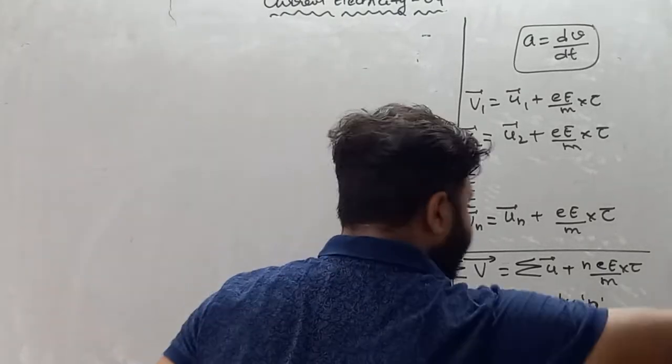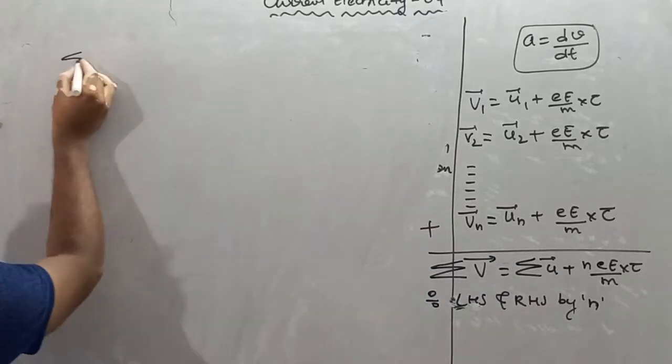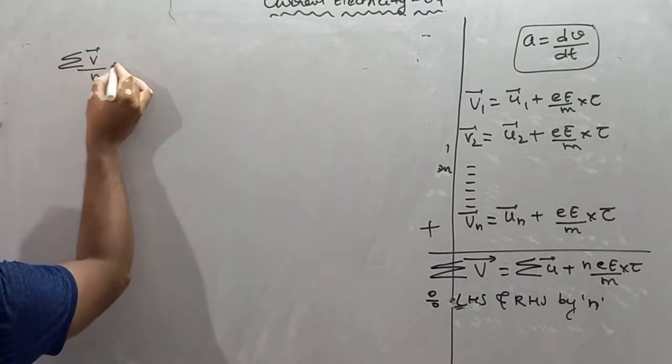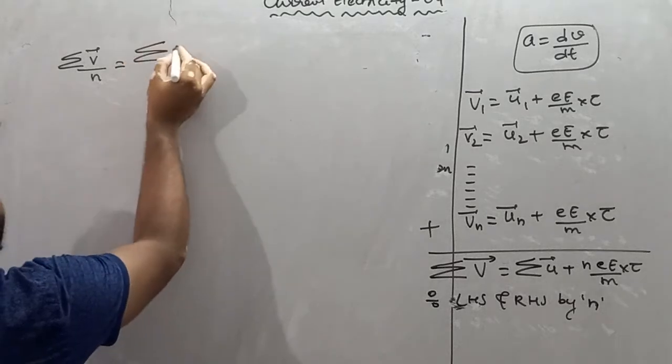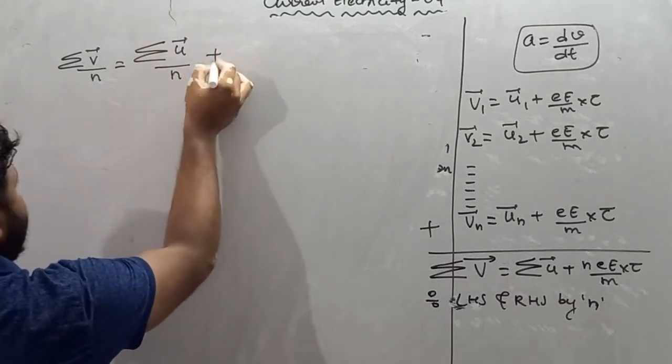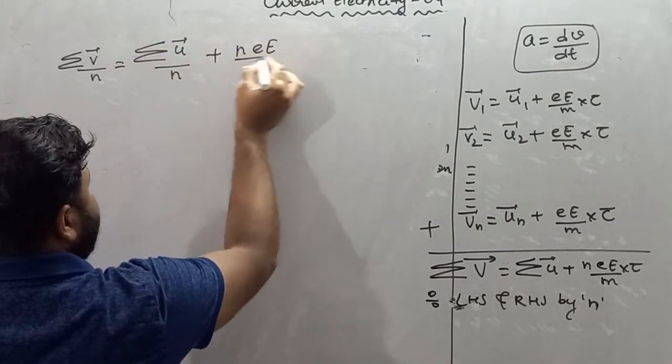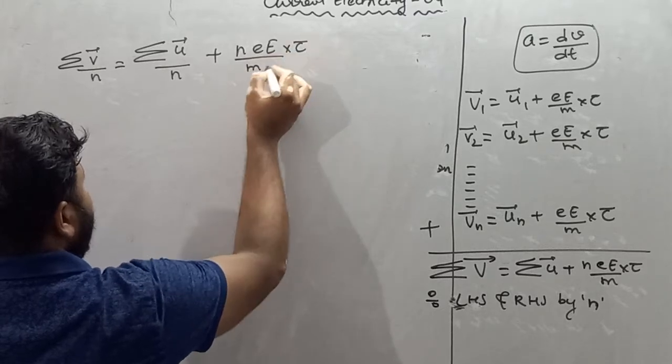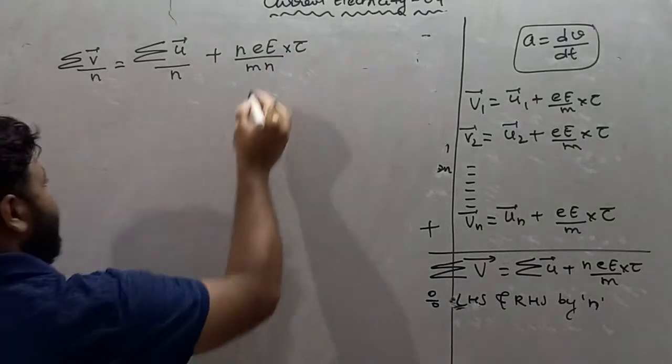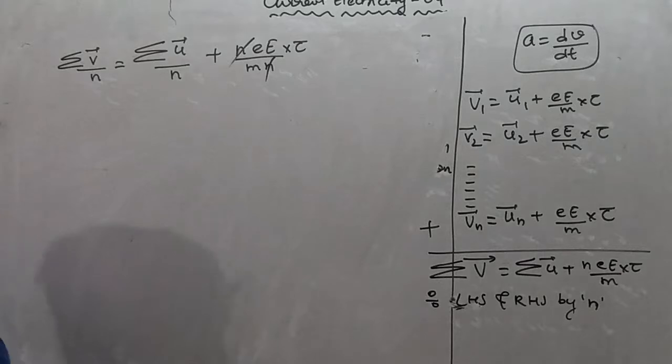We will get summation v by n is equal to summation u by n plus n into E by m into tau divided by n. Now see, n gets cancelled.